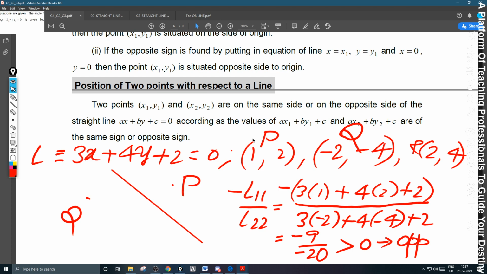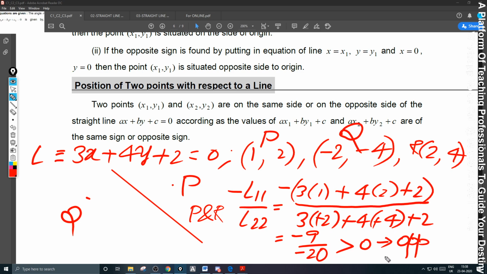Very simple. This ratio for R becomes, this is plus 2, this is plus 4. I am checking it for P and R. For P and R, what happens? This becomes plus 2.